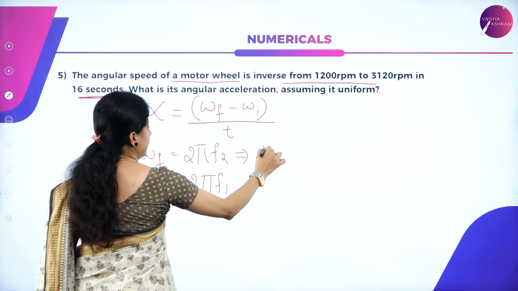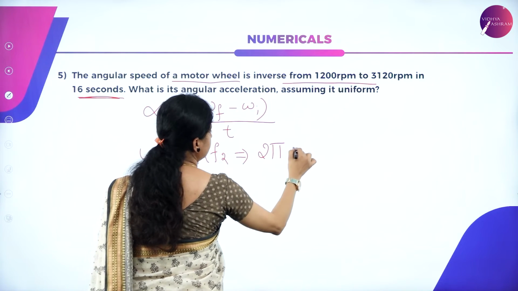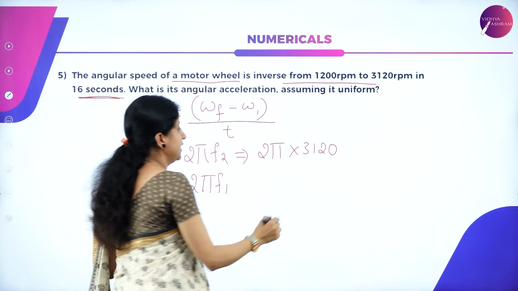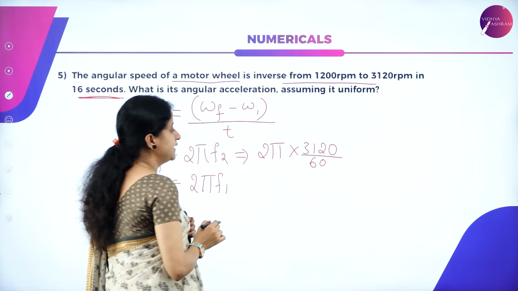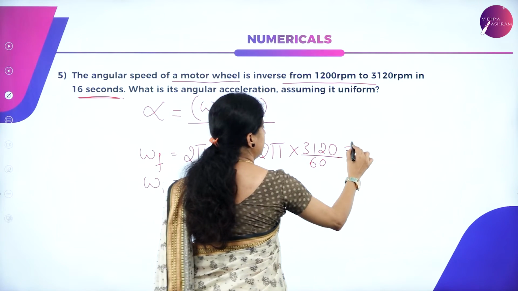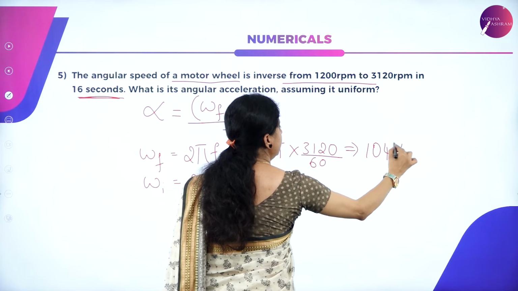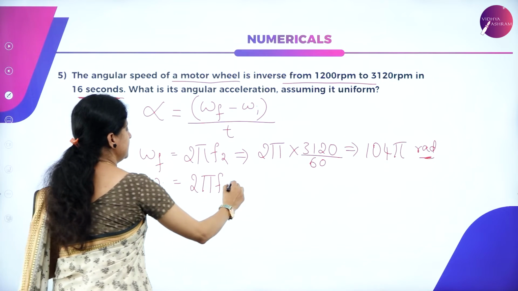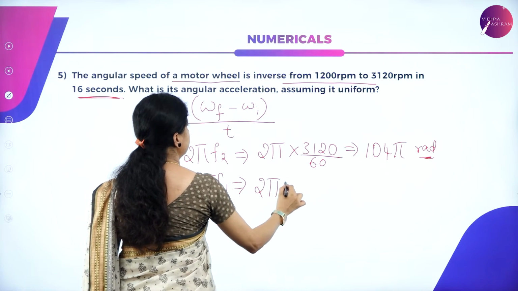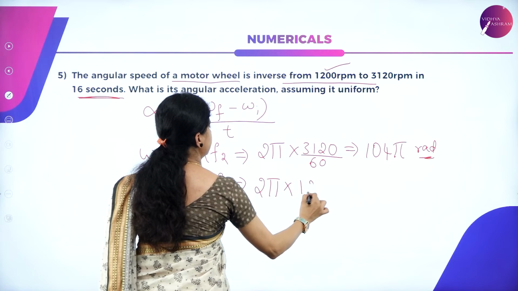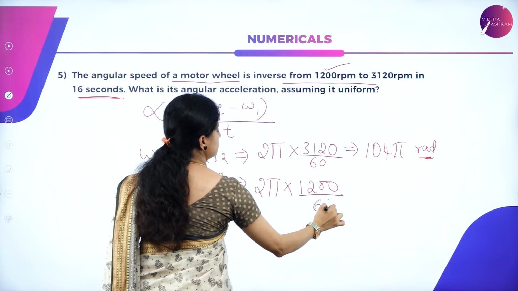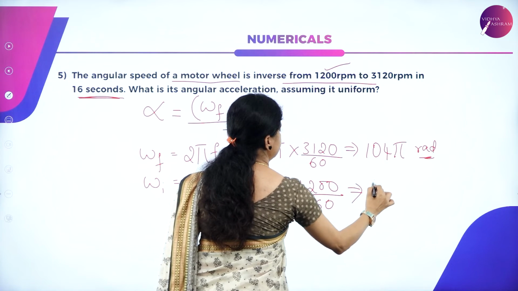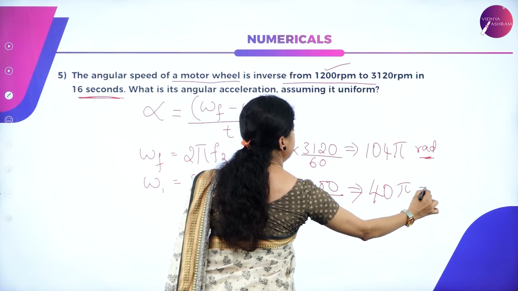So f2 is 3120 rotations per minute, but we have to find it in seconds, so we divide by 60 and we get 104 pi radians per second. Similarly, 2 pi into f1, where f1 is 1200 rotations per minute, divided by 60, gives 40 pi radians per second.